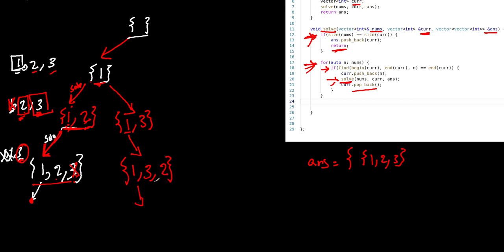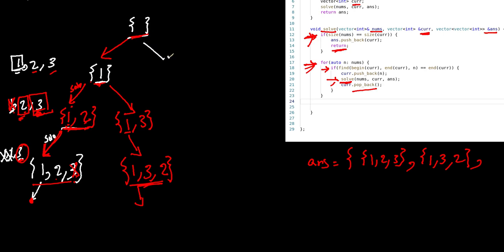Now we push this to the answer, 1, 3, 2, because this is a valid permutation. We are done with all the values of 1. We have 1, 2, 3. Then we return back here. So we're done with 1.